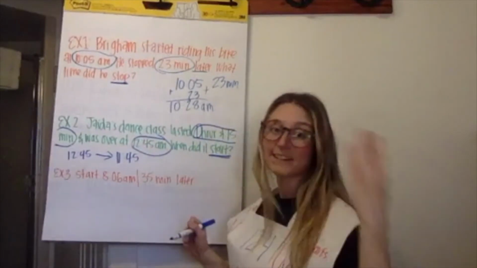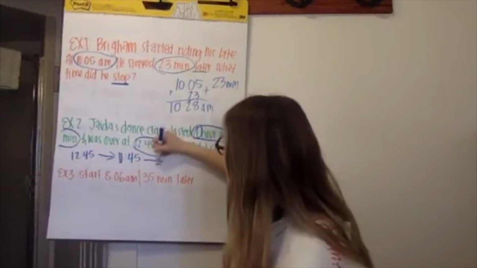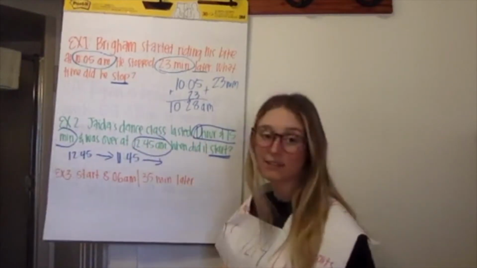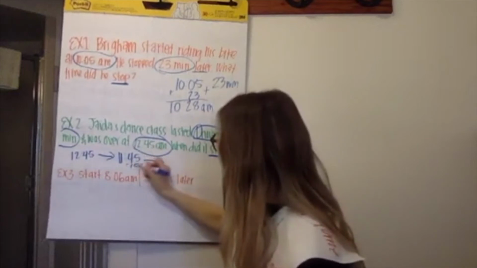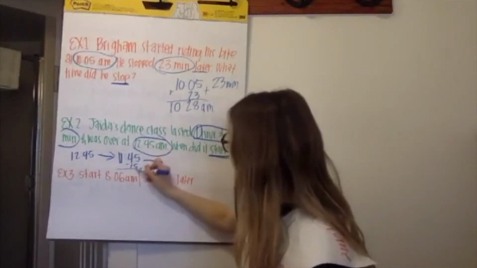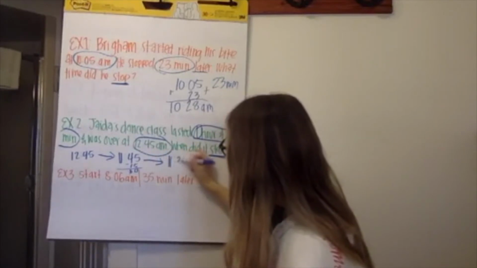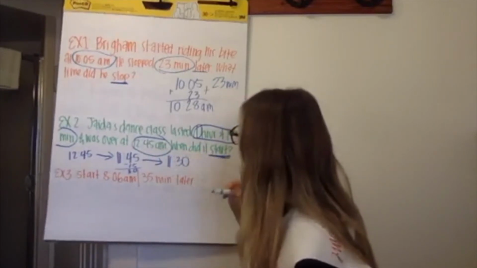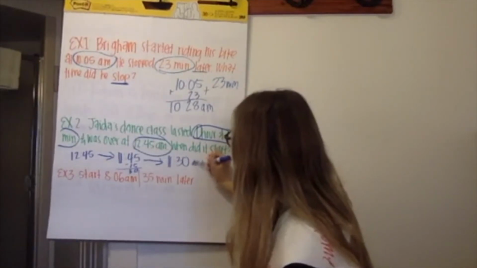Then we have 15 minutes. What is 15 minutes before 11:45? We could subtract 15 minutes from 11:45. That would be 11:30. So Jada's dance class must have started at 11:30.